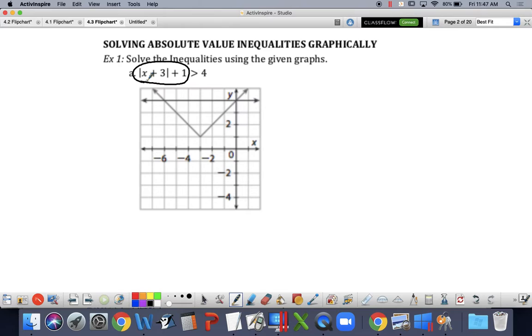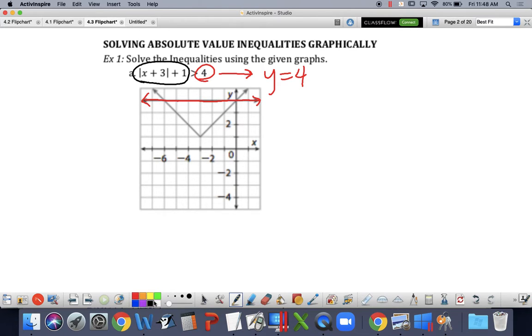The other thing that I have graphed here is just 4. And when I say 4, I mean the line y equals 4. So basically, I have y is equal to this whole thing, and y is equal to this whole thing, and I graph them both on my coordinate plane here. That's what this line here represents. Just as a reminder, I know horizontal lines we haven't looked at in a while.